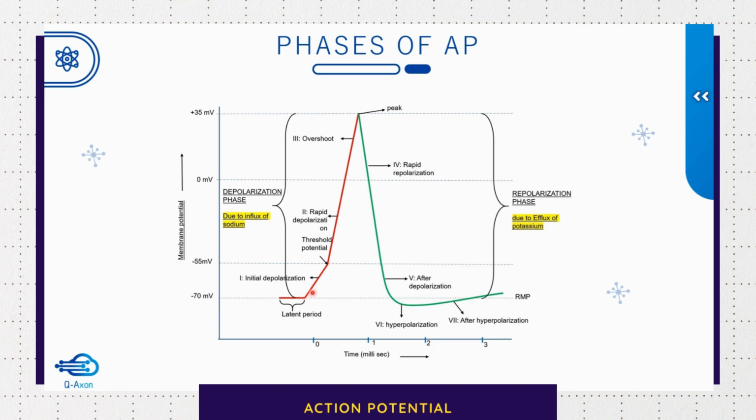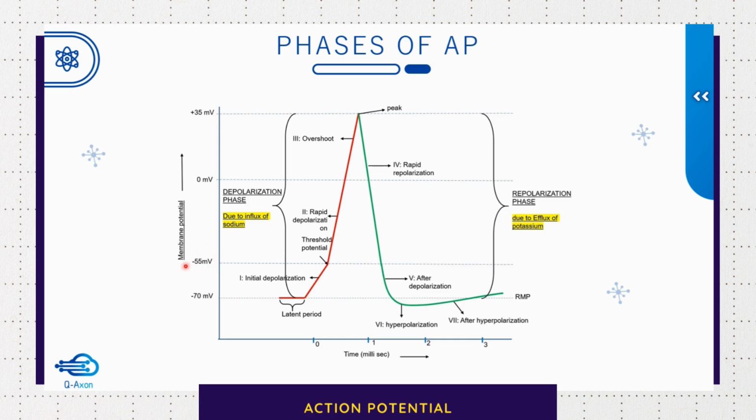So you can see that initially there is a small and slow rise in the membrane potential from minus 70 to minus 55 millivolt. So this slow rise is called the phase of initial depolarization.